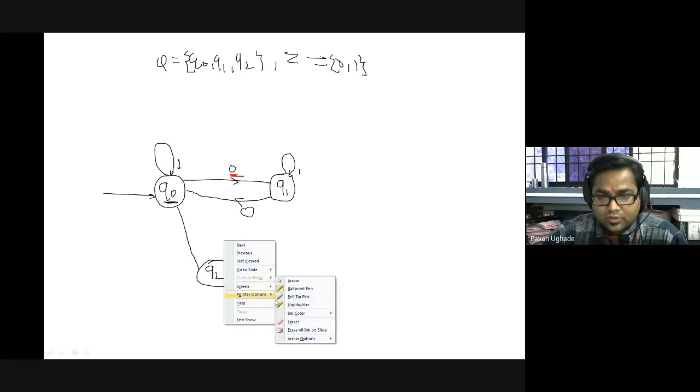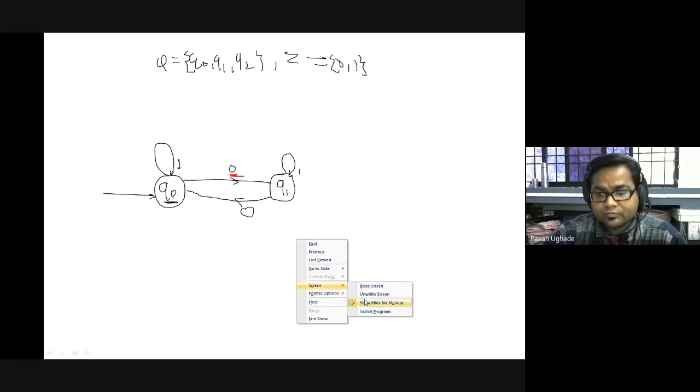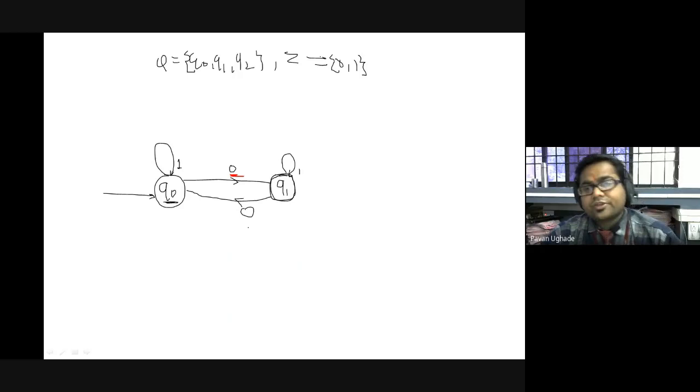Now class, try to understand. This is one automata which is accepting odd number of zeros. Now if you are able to see one thing, it is a deterministic finite automata.